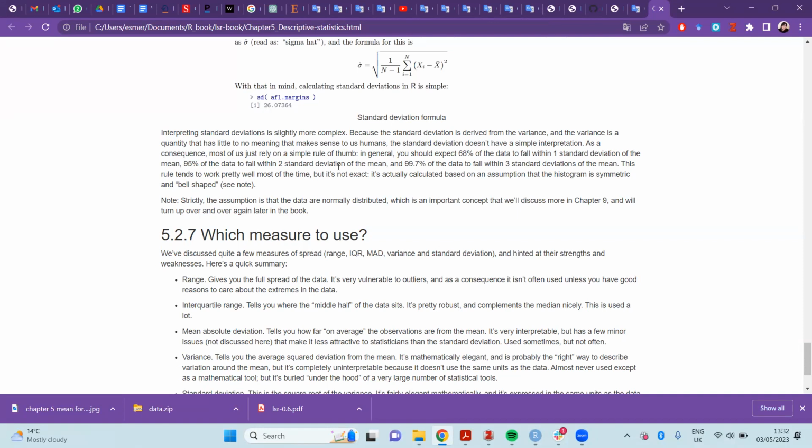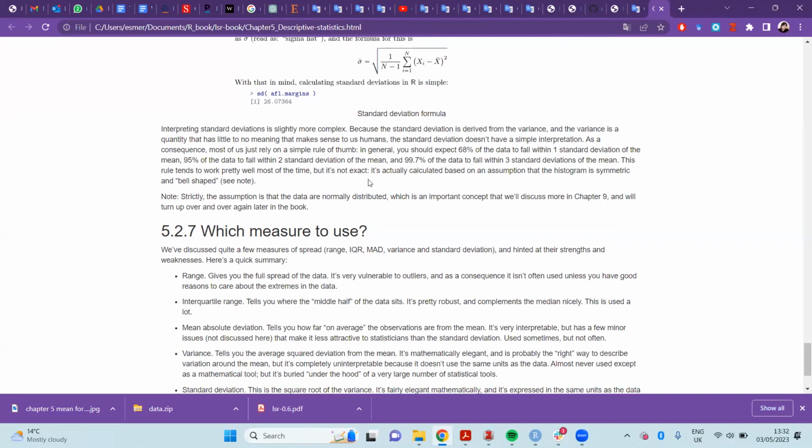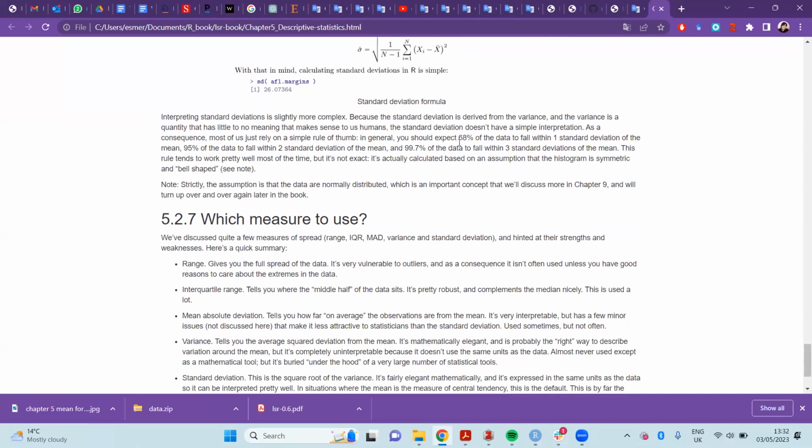This rule works relatively well most of the time, but it is not exact, because it is calculated on the assumption that the histogram is symmetric and bell shaped, the proper term being normally distributed.